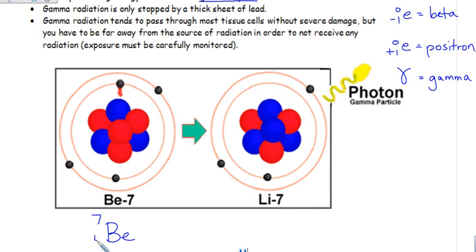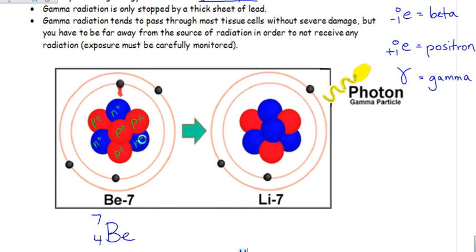It's element number 4. Or I could look at this picture here. There should be 4 protons, so the red must be the protons. 1, 2, 3, 4. If the mass is 7, there must be 3 neutrons. 1, 2, 3 neutral neutrons.